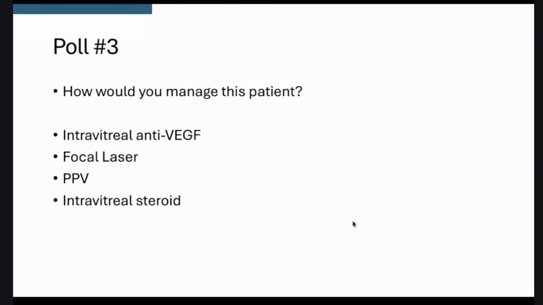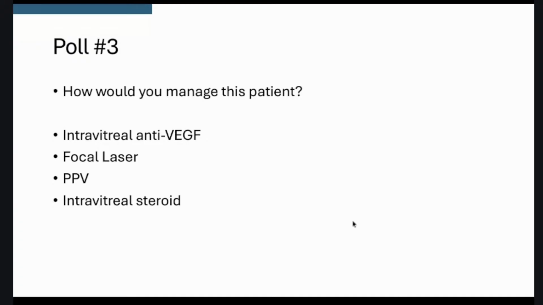Okay, interesting. So more than half of you would give the patient an intravitreal anti-VEGF, a third focal laser, 3% PPV, and 14% intravitreal steroid.